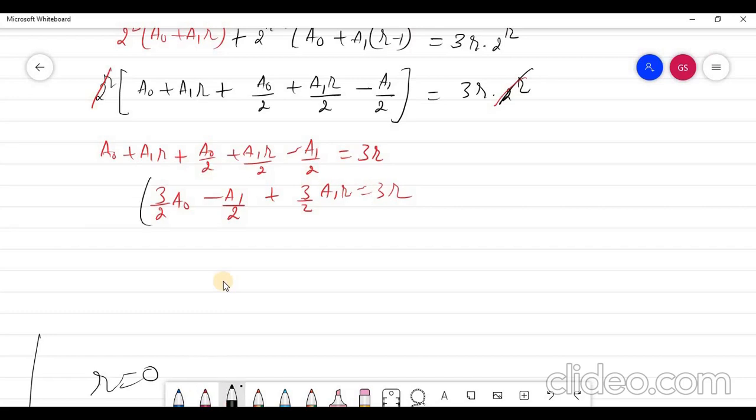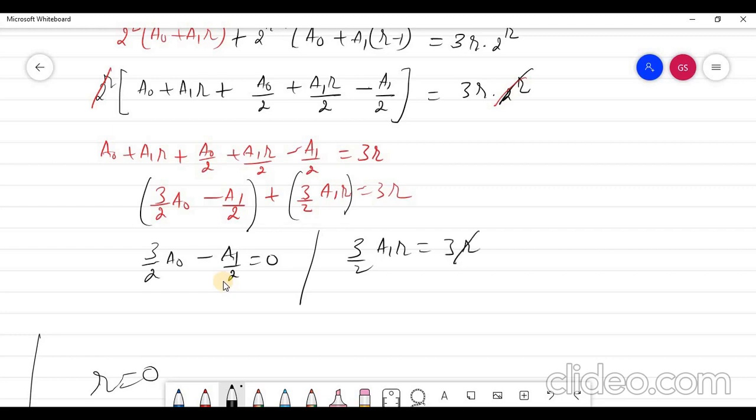Without r the terms are this, and with r the terms are this. Now we are going to compare the left hand side with the right hand side. So 3 by 2 a0 minus a1 upon 2 is equal to 0, and on this side we get 3 by 2 a1 r is equal to 3r, where r cancels, and a1 is equal to 2.